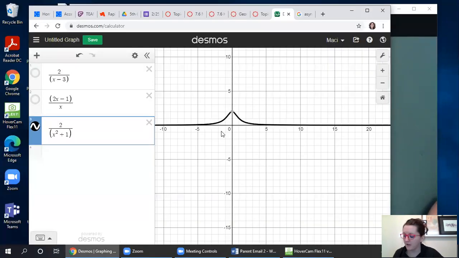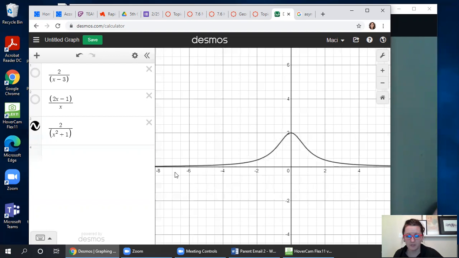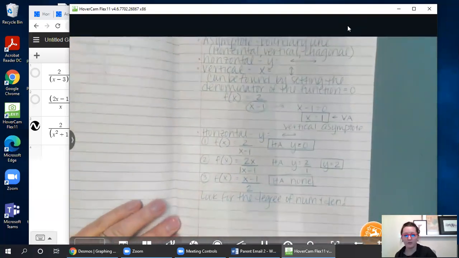Okay, so we said that it's all real numbers, which in this case is true. And then my horizontal asymptote is at y equals 0. So you can see the boundary line here is through the origin. Very cool. Interesting little curve there. Okay, so that concludes our 7.6 rational functions notes.